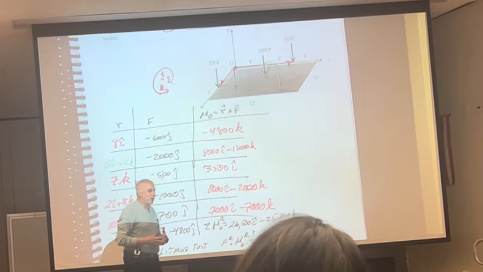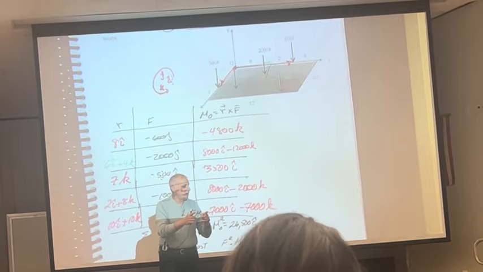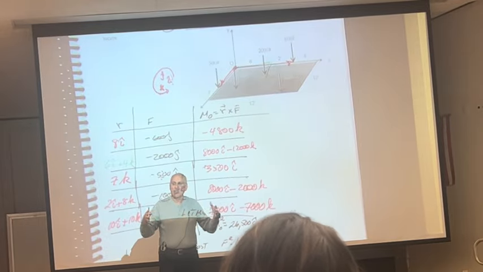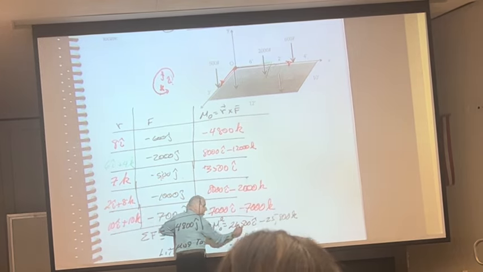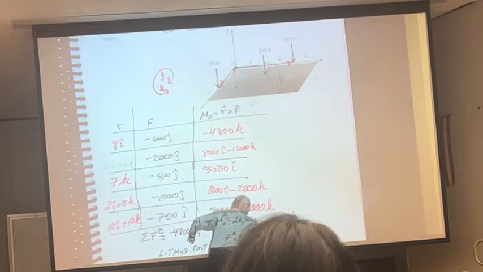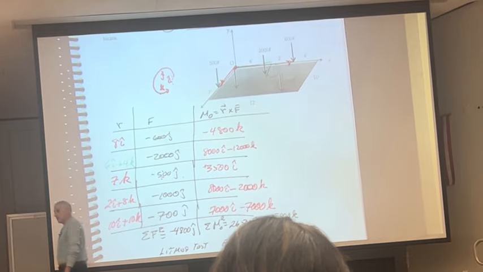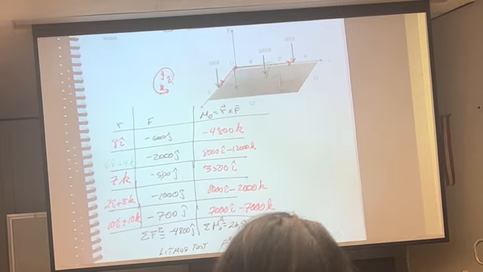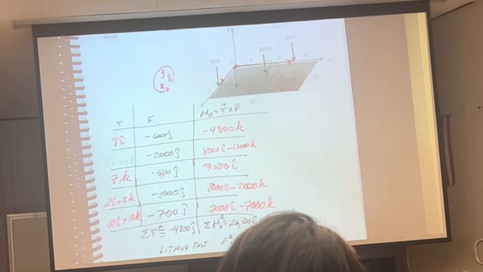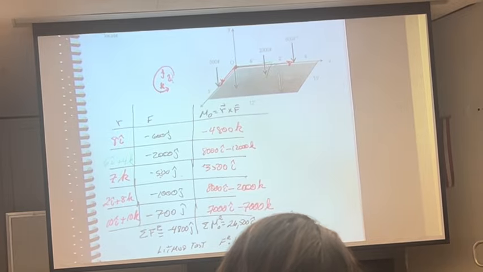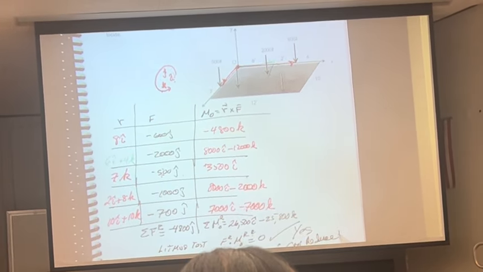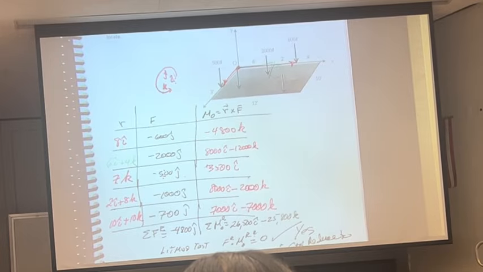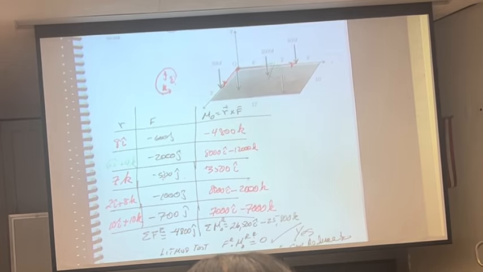What survives in a dot product? I with I, J with J, K with K. Any other combo is 0. So when I say J dotted with I, what do you get? 0. J dotted with K, what do you get? So does the litmus test work? Yes! It is equal to 0. Therefore, it can reduce to a single force.